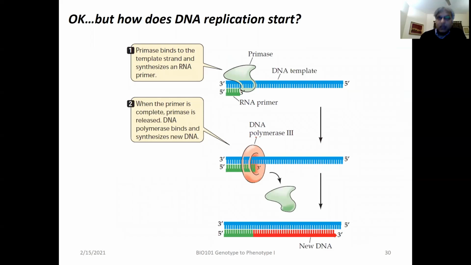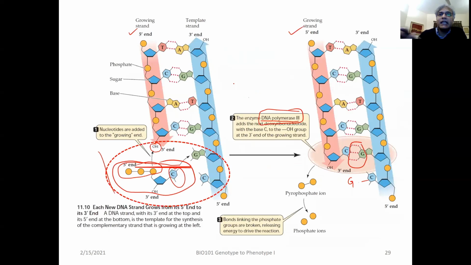Now, the important question in case of DNA replication is how DNA replication starts. We said DNA polymerase can add a new nucleotide. But let's say I have this DNA molecule and I have to copy this.